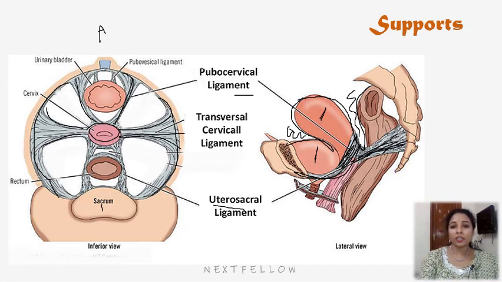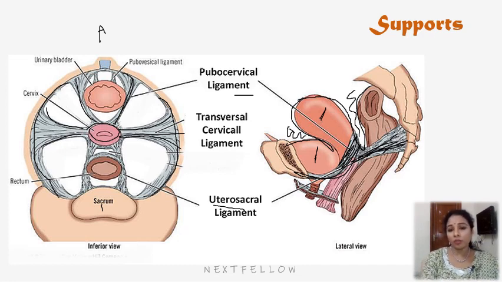Uterosacral ligaments are a pair of fibrous bands which extend from the cervix to the second and third sacral vertebrae and pass on each side of the rectum. And the forward pull of the round ligaments helps the maintenance of the anteflexed and anteverted positions of the uterus.